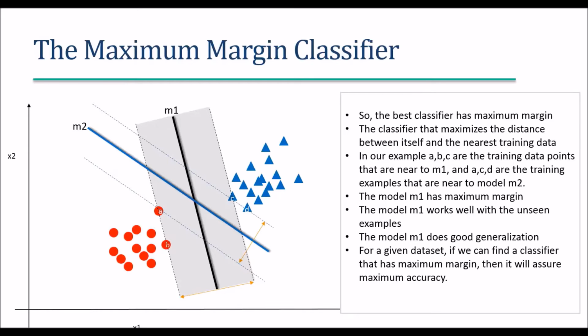That is the reason why for a given data set, a classifier that has maximum margin will have maximum training and testing accuracy. So we would generally prefer to have a classifier that has maximum margin.